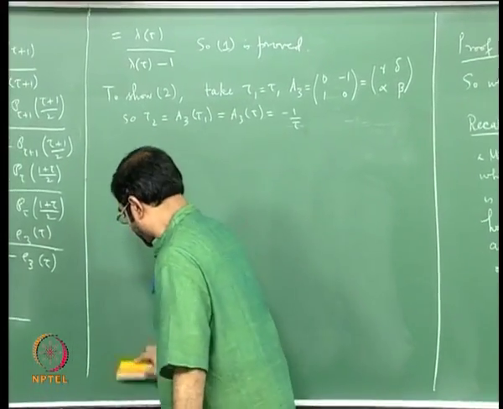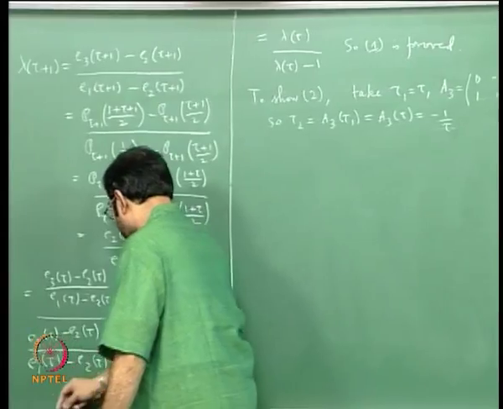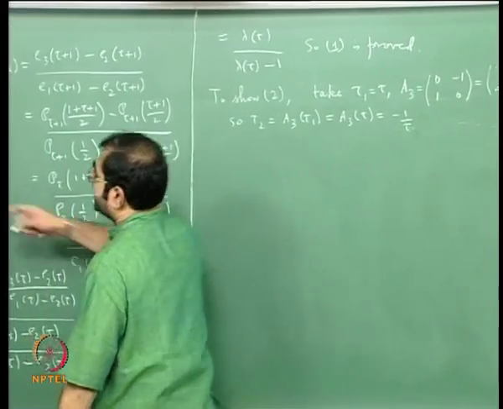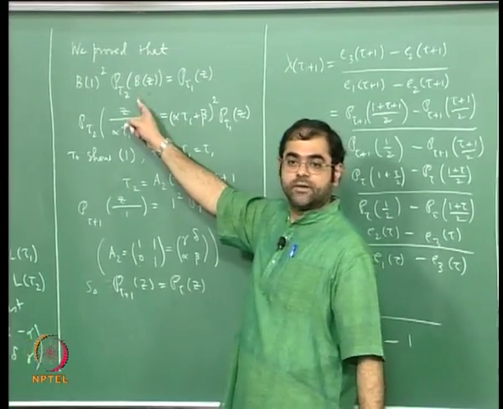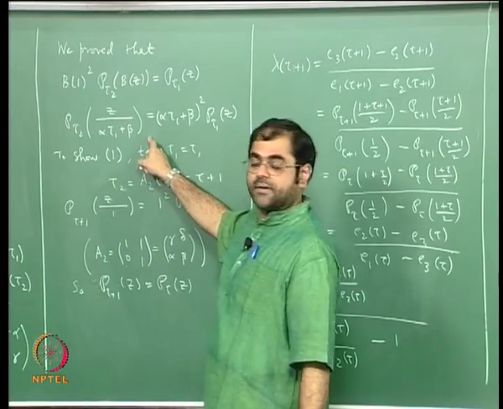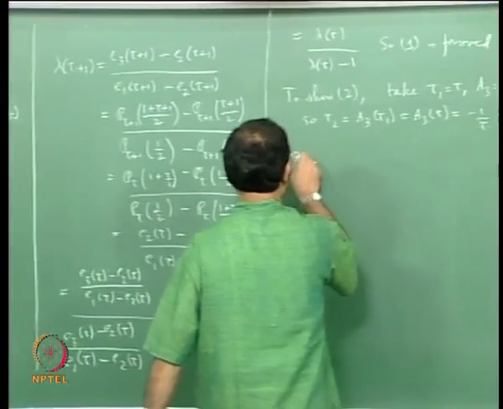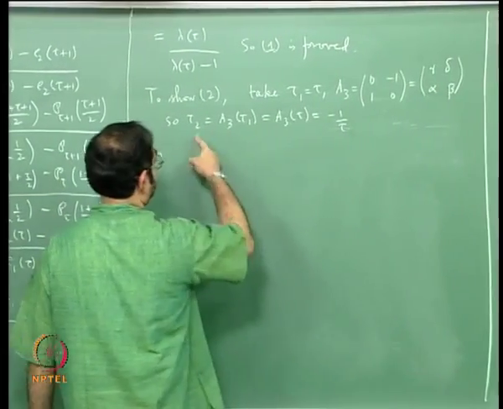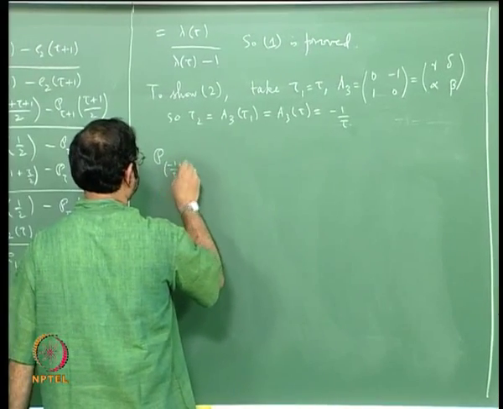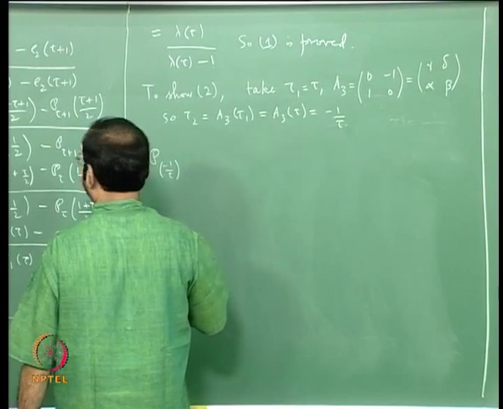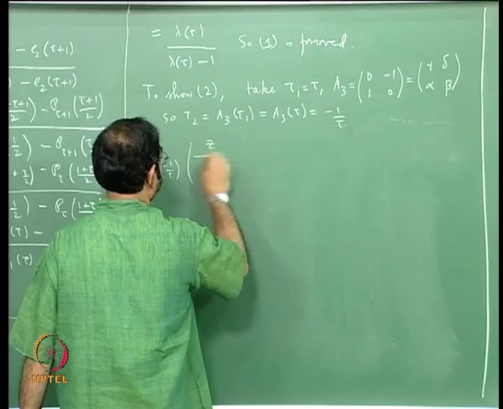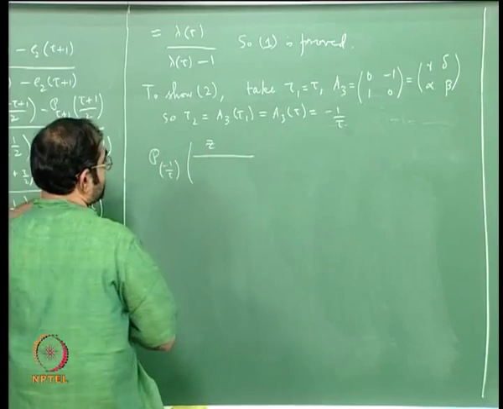Well, and then you literally do the same thing. You again apply this formula. Okay, I mean this formula, right? So you will get P sub tau 2, which is minus 1 by tau of Z divided by alpha tau 1 plus beta.